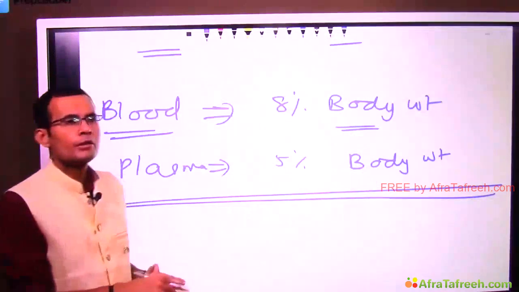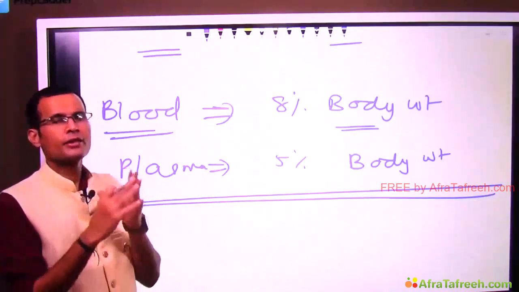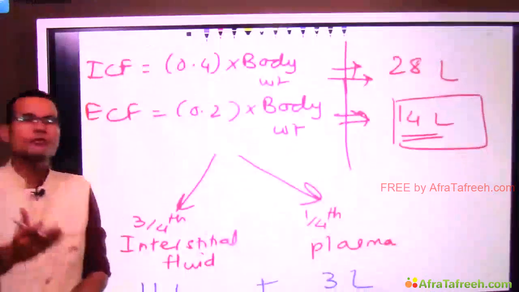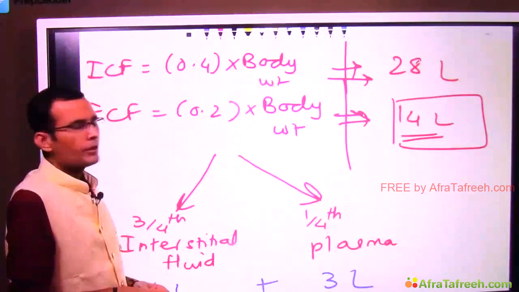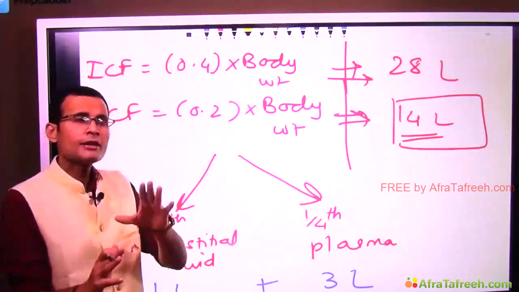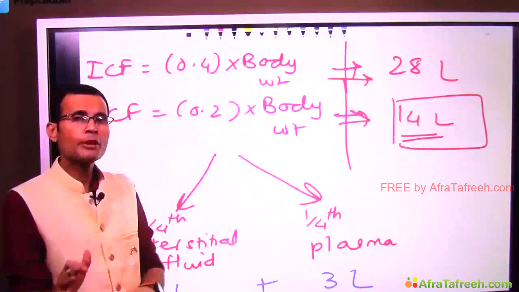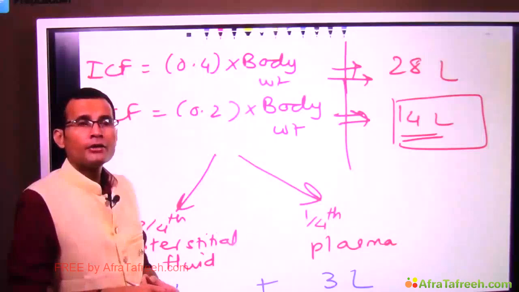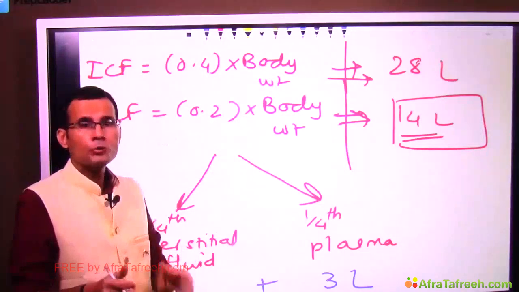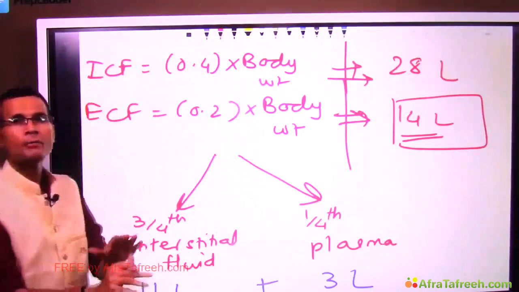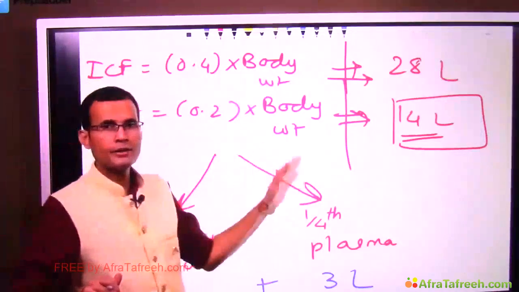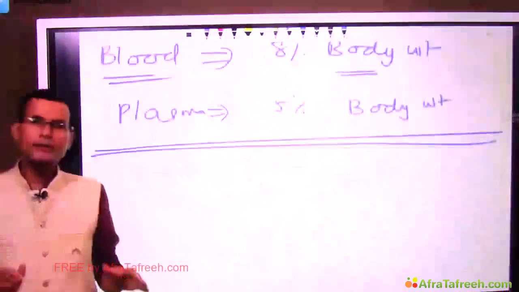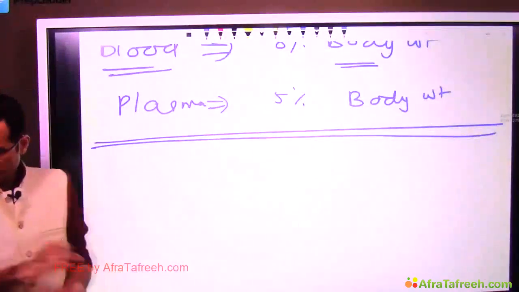Remember, in neonates, in small children, there are certain variations, and the difference in the surface area to volume ratio compared to adults. So a higher surface area to volume ratio, and therefore they are more prone to dehydration. Remember, children are more prone to dehydration. Their ECF volume will deplete and they will be more prone to dehydration. We will see all these things later on in the chapter.